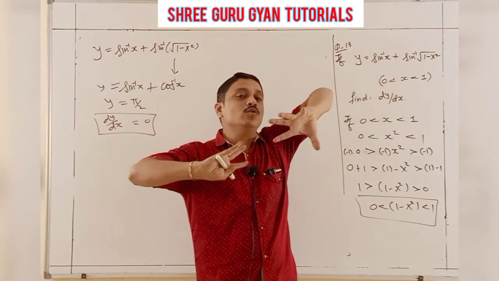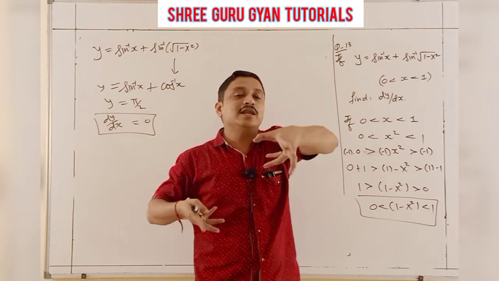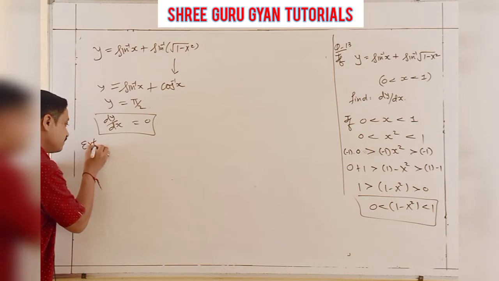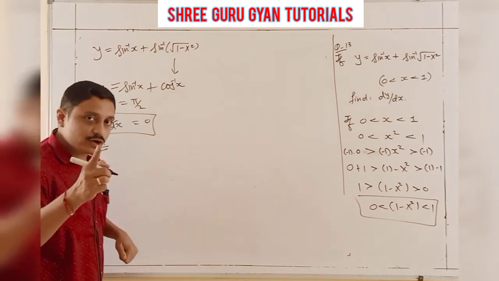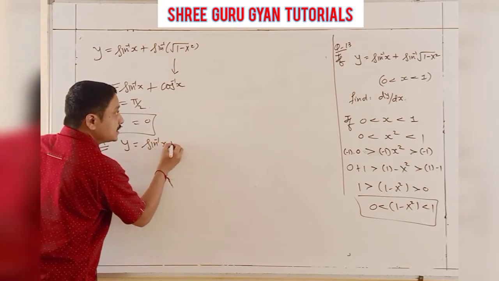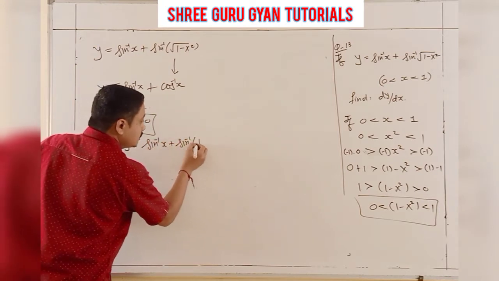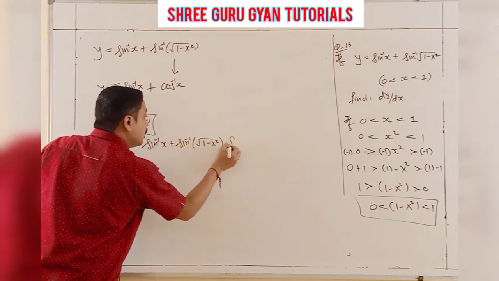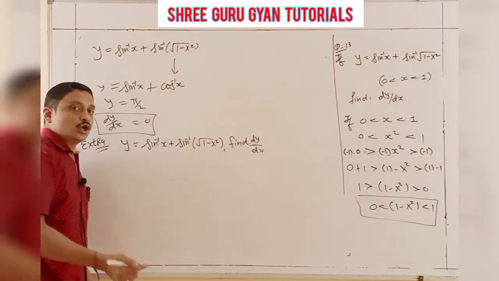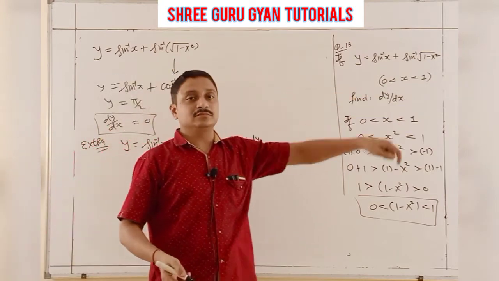But the same question I explain with a different concept. Look at that, this is extra, you must write it down in your notebook. This is the board question: sin inverse x + sin inverse under root 1 - x square, and it only asks to find dy/dx, with no condition given.